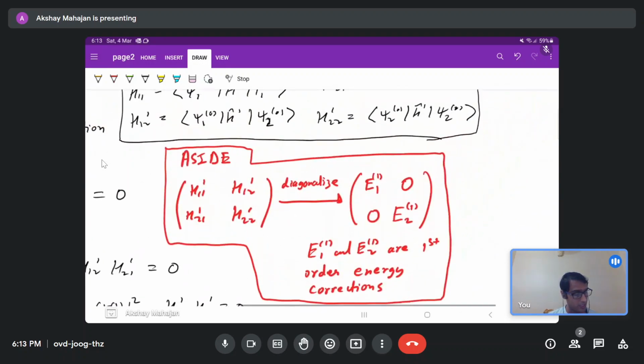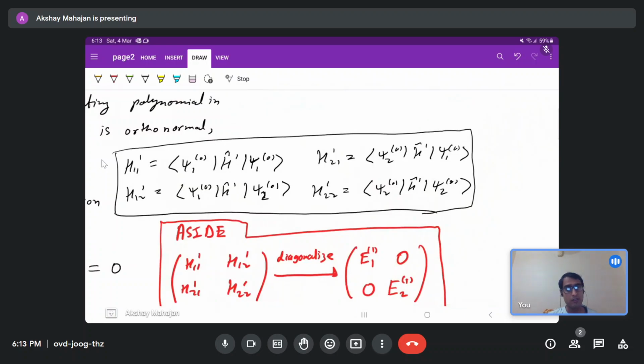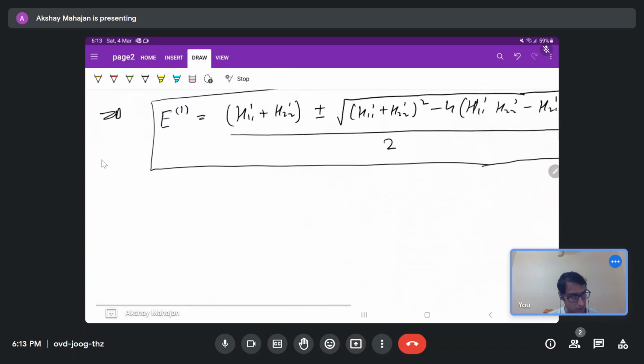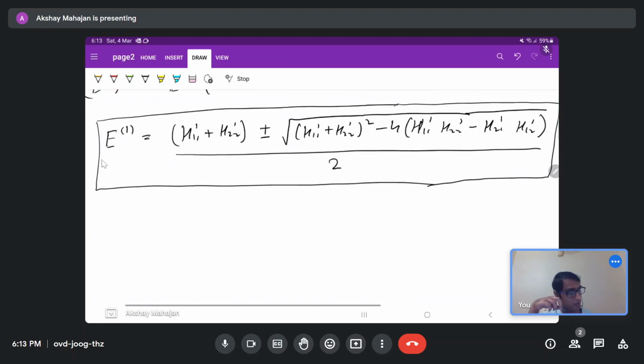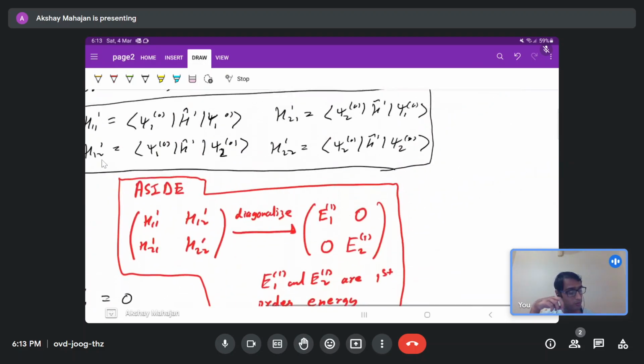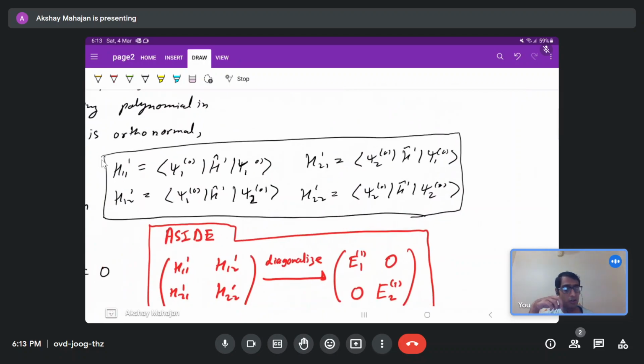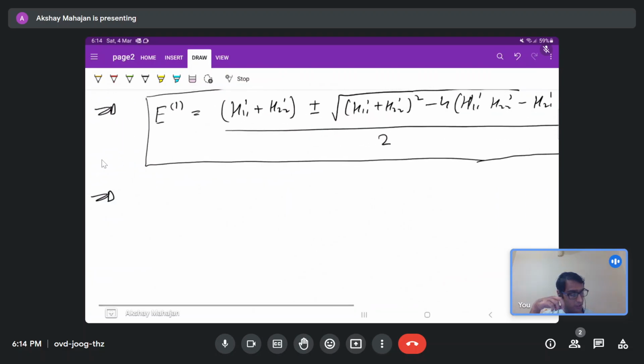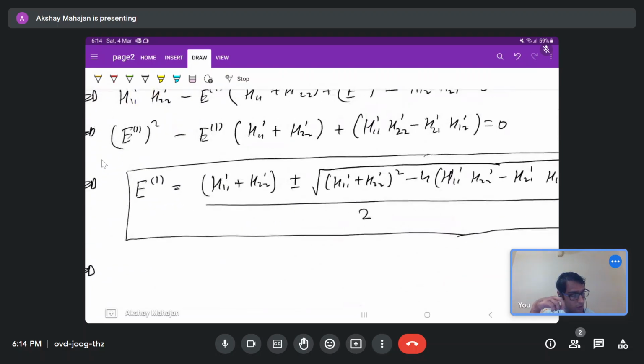And then you can also find, when you basically diagonalize it, what will happen, as we know, our degenerate states, instead of using this zeroth order degenerate state psi 10, psi 20, which were degenerate, now we will use two different, we will have some new zeroth order wave function, which will be a linear combination of this psi 10, psi 20 zeroth order, and that you can find by using this equation.